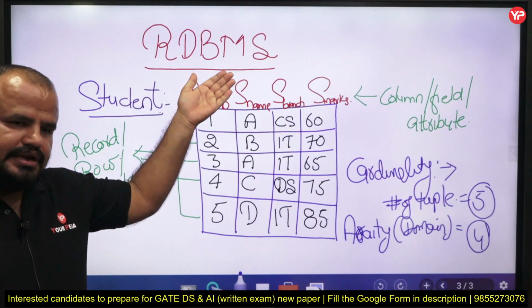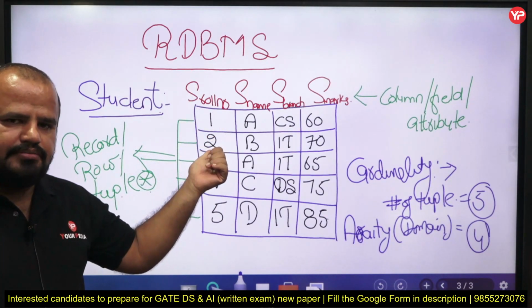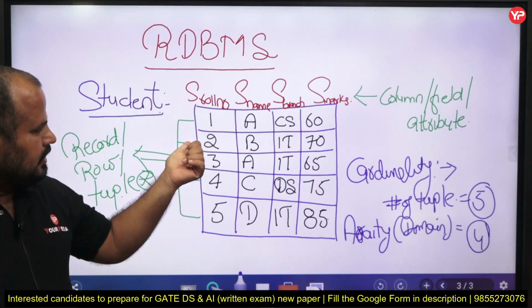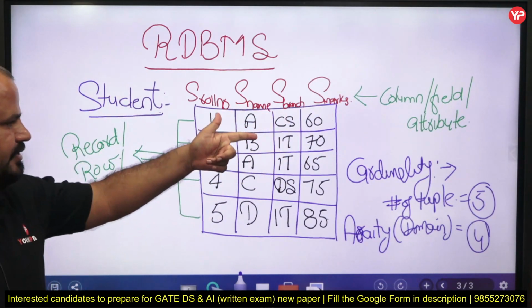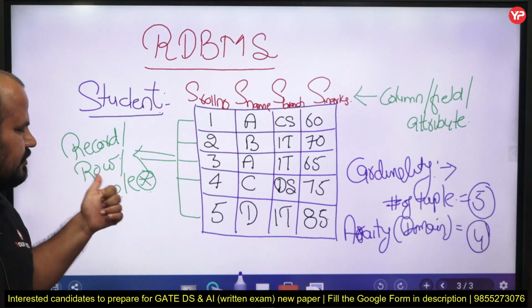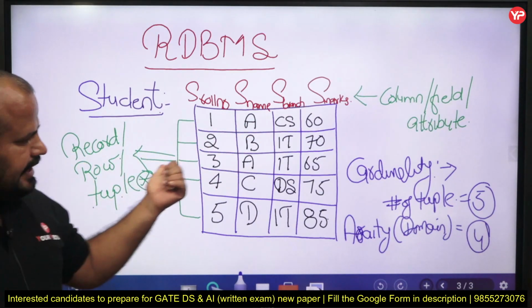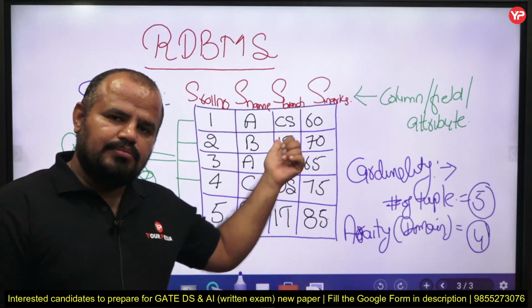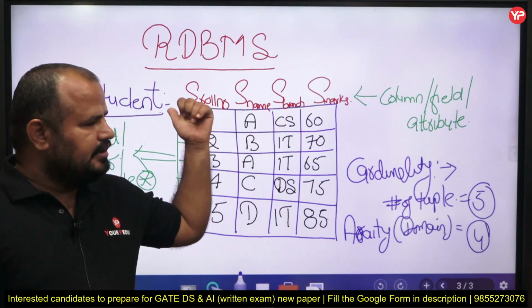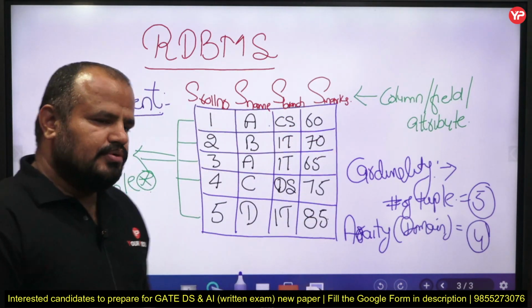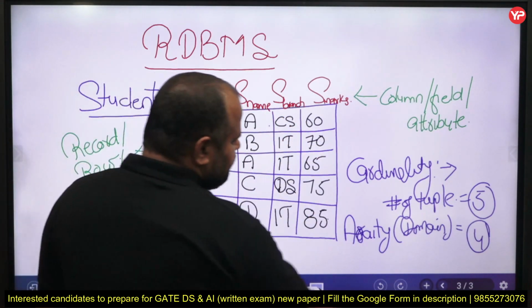Whenever we store our data in the form of tables, that is called RDBMS. In a table we have mainly two parts: columns, fields, or attributes, and records, rows, or tuples. Cardinality means how many records I have, and arity means how many columns or attributes I have.